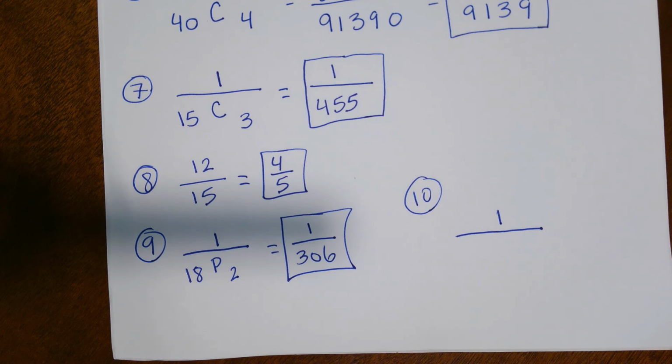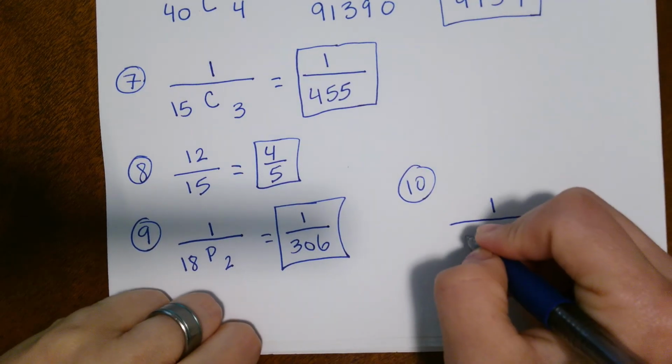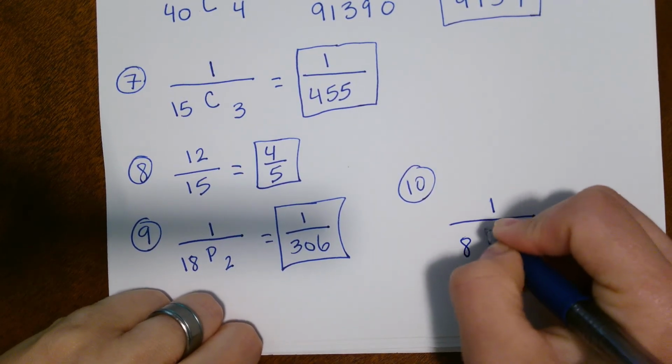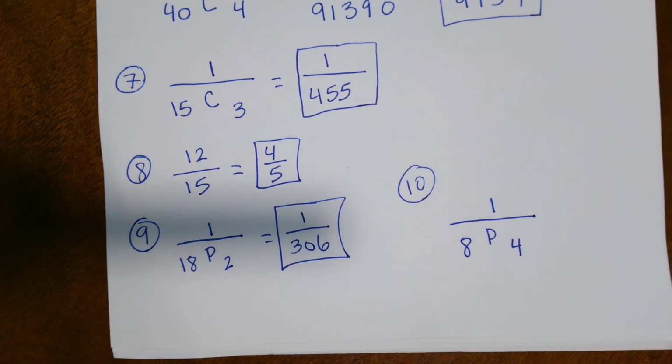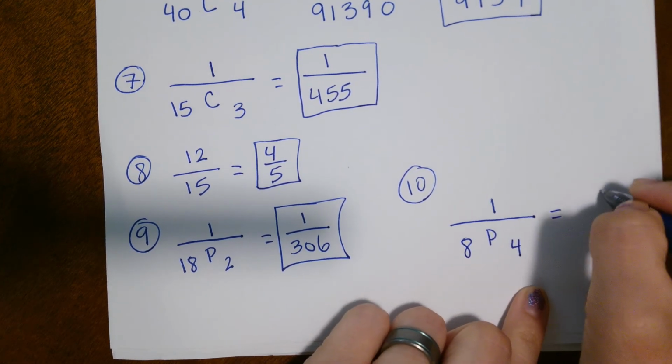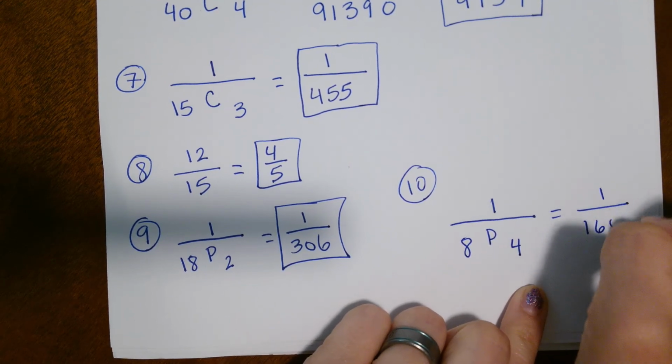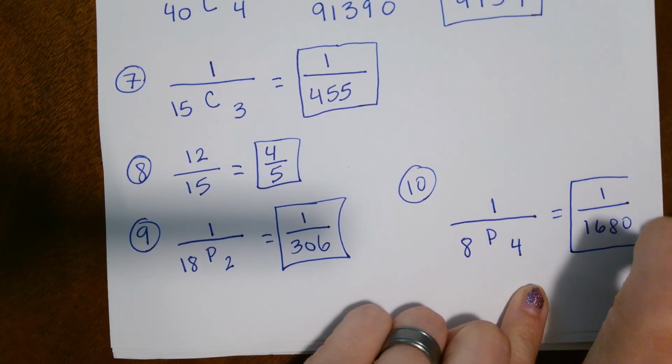How many are we drawing? 4. Does the order matter? Yes. The order that we're looking for is 1, 4, 8, and 6. So since order matters, we are using a permutation. So big picture, there's 8 numbers. We're looking at ordering 4 of them. So this is going to be a permutation. So the denominator is 8 permute 4, which is 1,680. So we have 1 over 1,680.